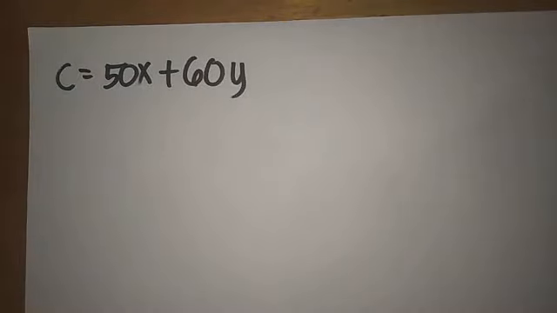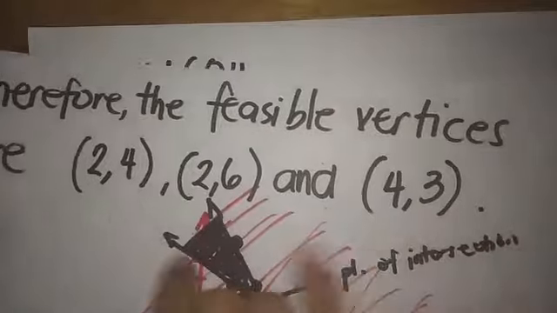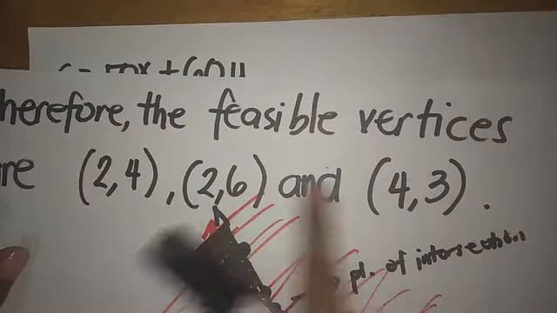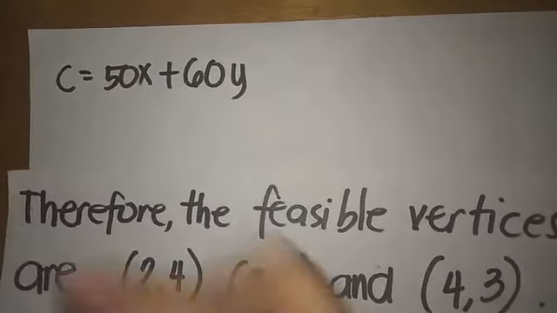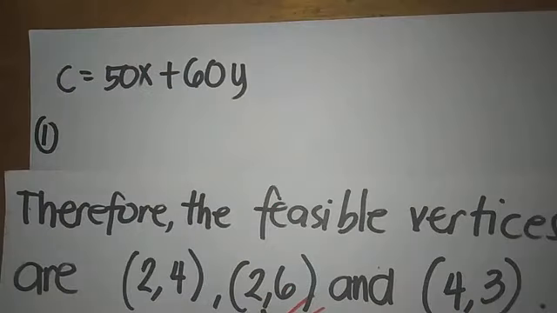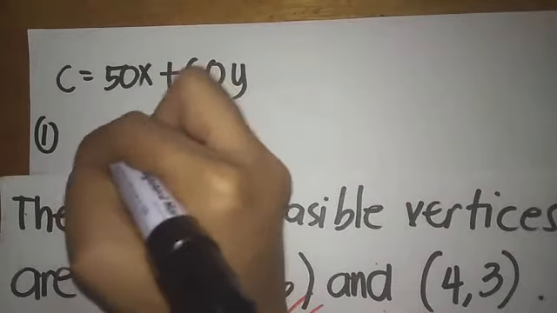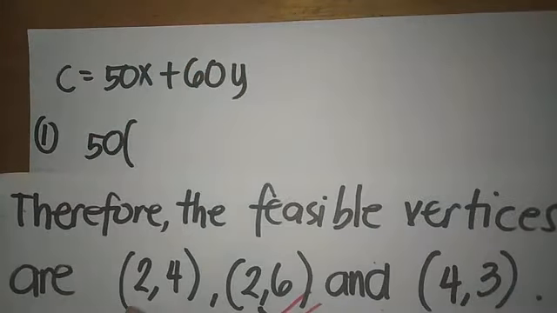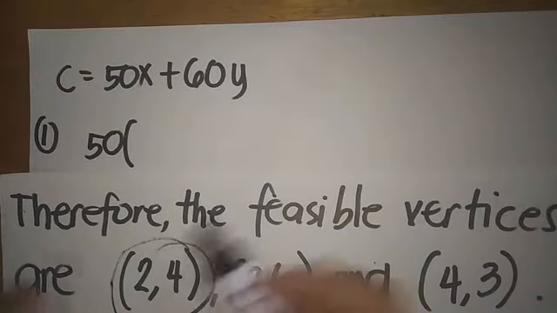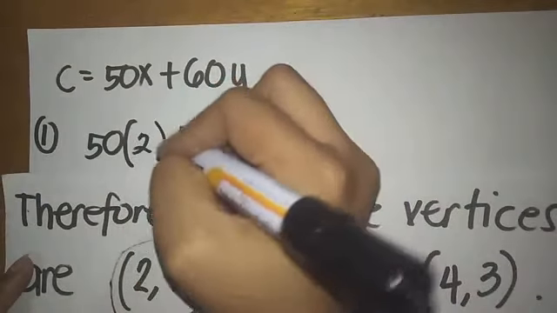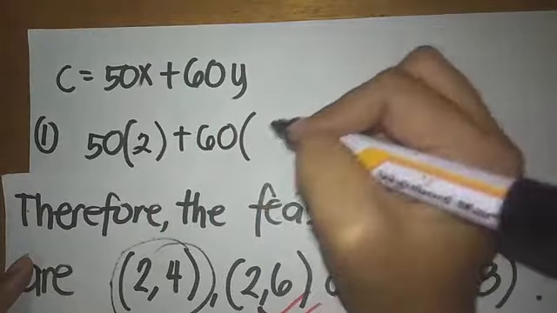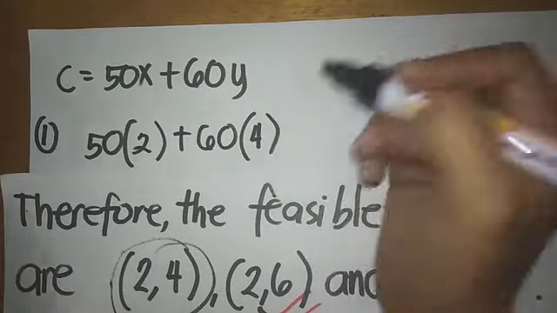So, what do we put there? We put the visible vertices. First, we have 50 multiplied by 2, plus 60 multiplied by 4.